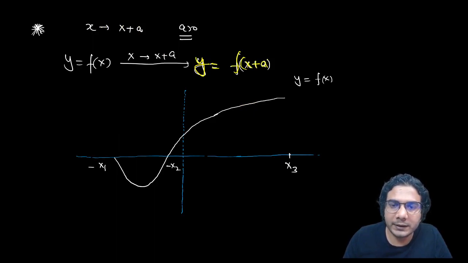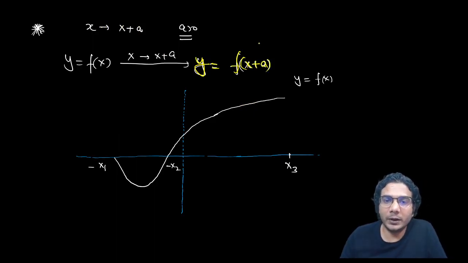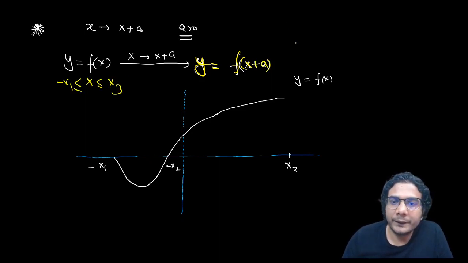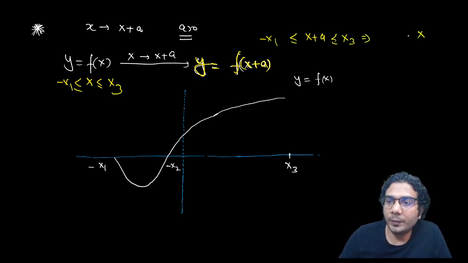When you replace x by x plus a, what will be the new domain of this? The domain of this is x belonging to minus x1 to x3. Now this x plus a should be between minus x1 and x3. And then you can see the new domain of this graph will become minus x1 minus a to x3 minus a.